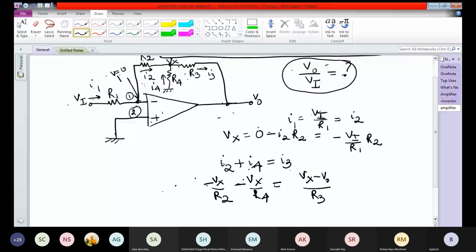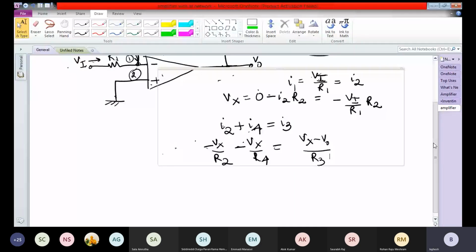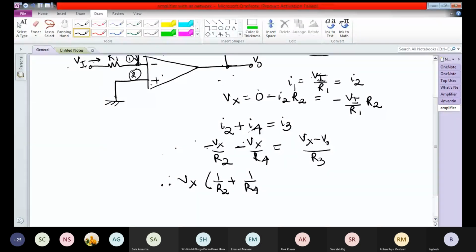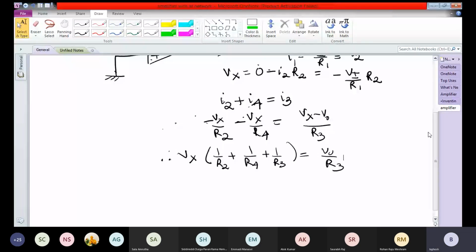But please again, I will ask you, please practice. So therefore, equal to V0 by R3. Just check whether I'm writing correctly. Some minus or pluses and everything like that. And then we know what is the value of Vx in terms of Vi.